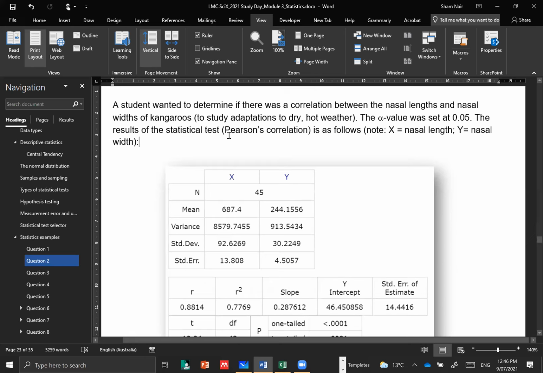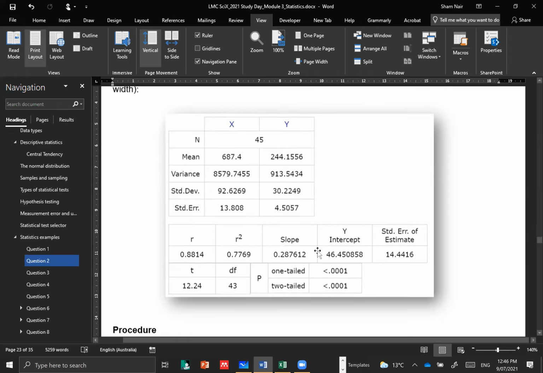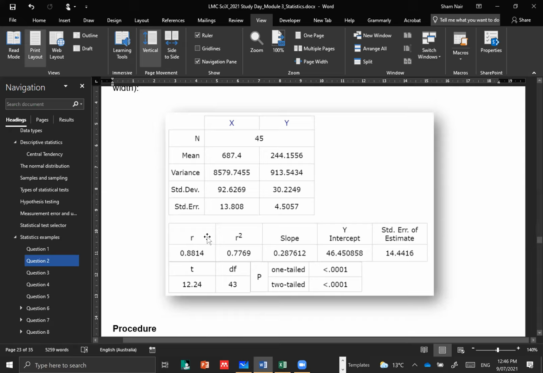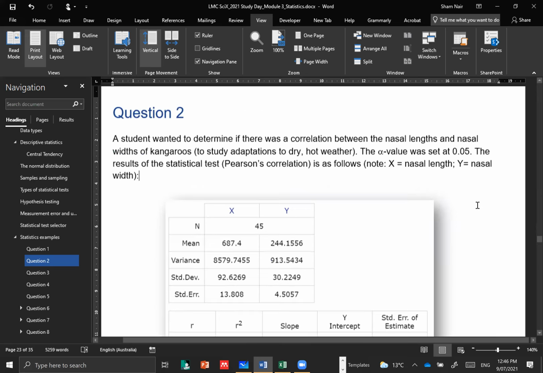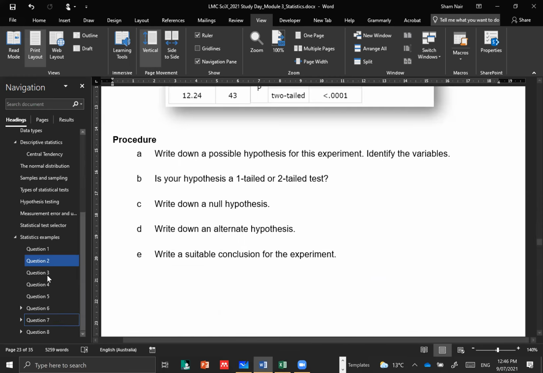So Pearson's correlation, I don't have time to go through this now, but it gives you what's called the R value and the R squared value, so the correlation coefficient, but right at the bottom, you also get a P. So all of these can be used, again, to check whether the hypothesis is supported or not.